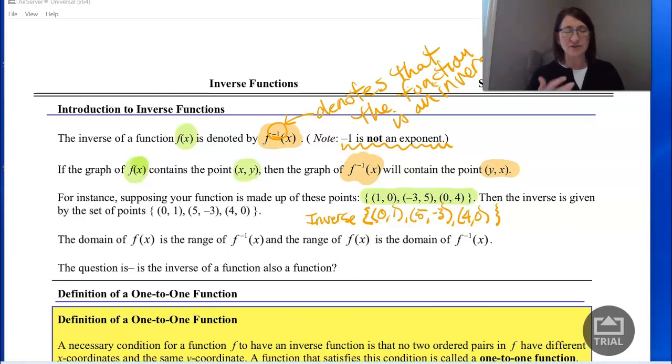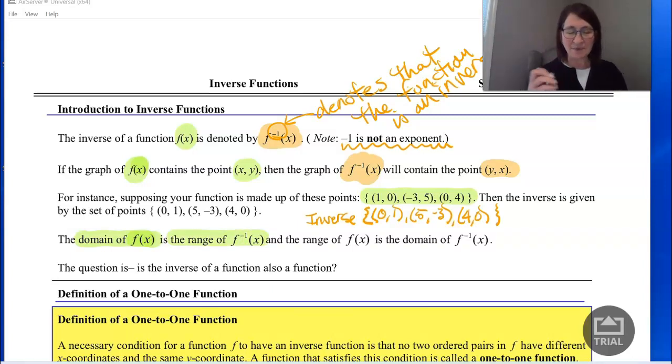Let's look at another characteristic between functions and inverse functions. So the domain of a regular function is the range of an inverse function. Okay, so the domain of f of x is the range of the inverse.